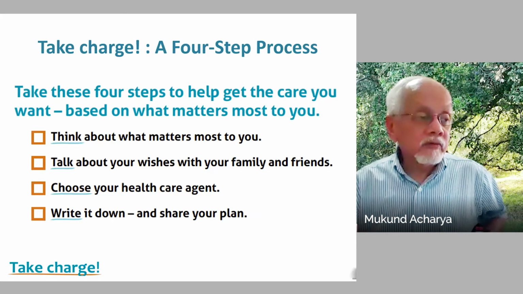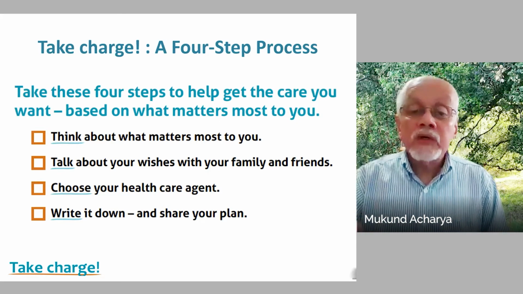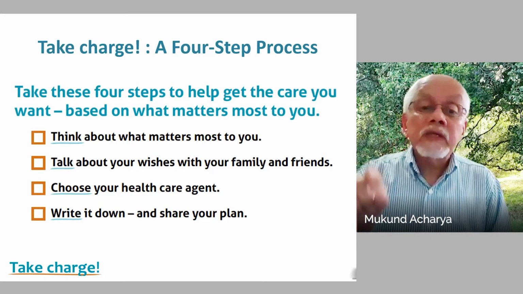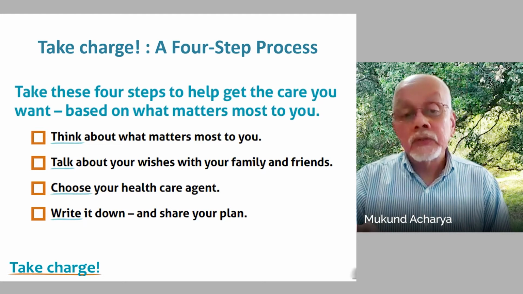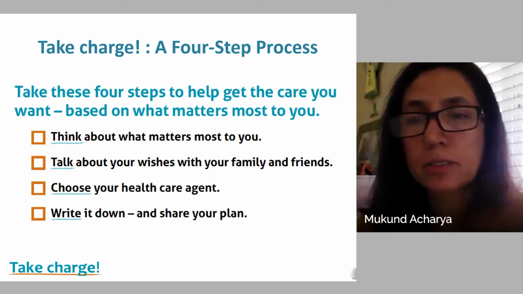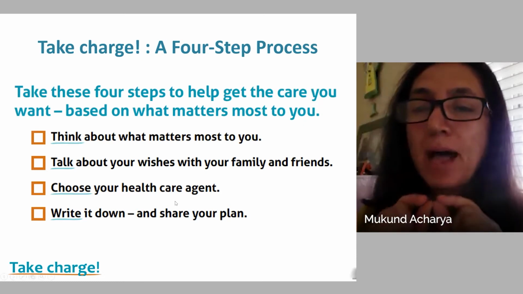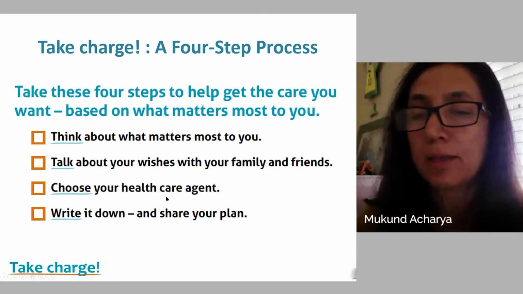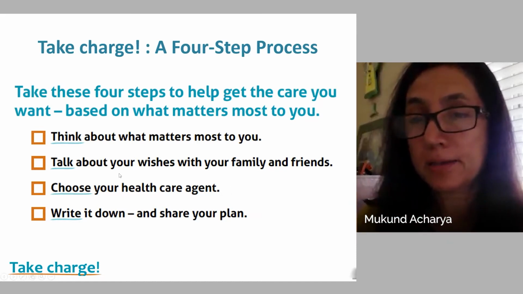A number of different phrases are used. They all mean the same thing. The person who is authorized to speak for you on your behalf when you are either unable to or don't want to speak for yourself. And you can have primary agents and alternate agents, but surrogate actually is what is assigned by a physician or a healthcare provider if you did not have anybody assigned for you.